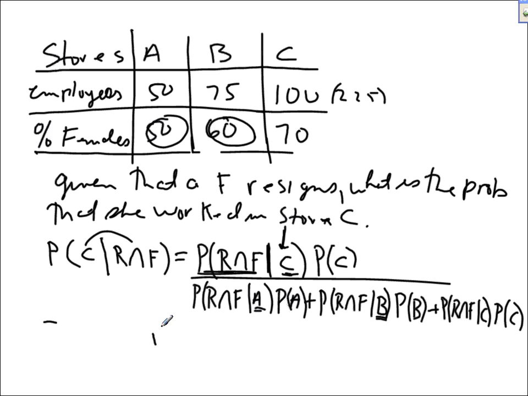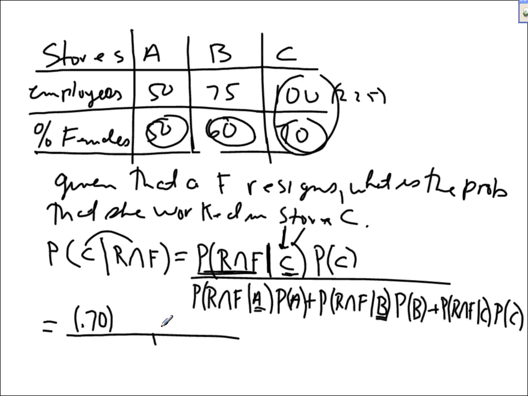And we just crank it through now. The probability that she resigned and is female, given that she's from store C: the probability that the person who resigned is female is 70%.